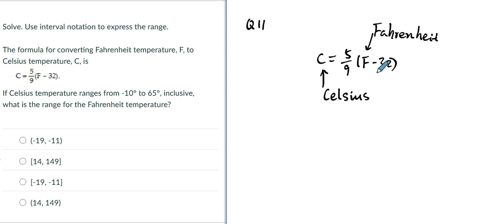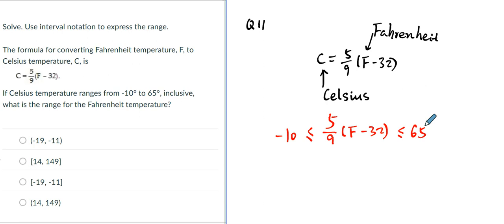That's what it meant. Now, here we were given that Celsius C is in between -10 degrees and positive 65. So we want to know the range for F. So basically what it says is 5/9 times Fahrenheit minus 32 is in between -10 and 65.